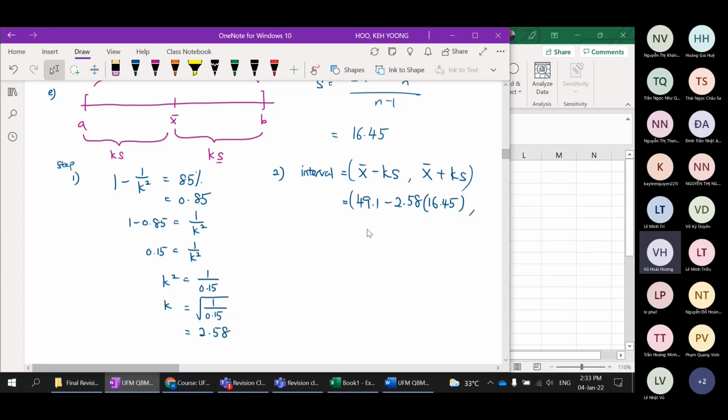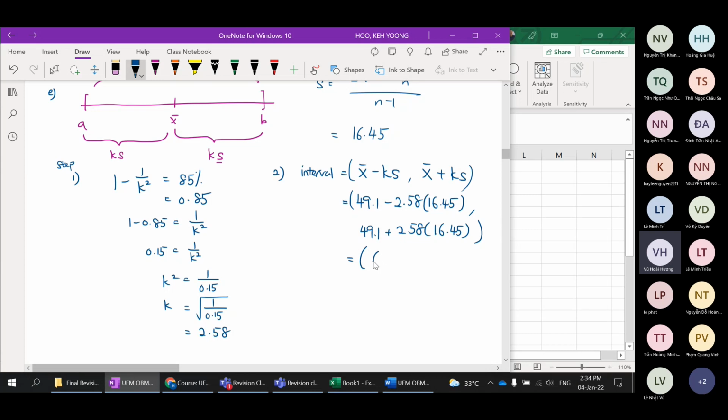And then the upper limit. This is the lower limit, and then we find the upper limit. Solve this, then you will get your interval.